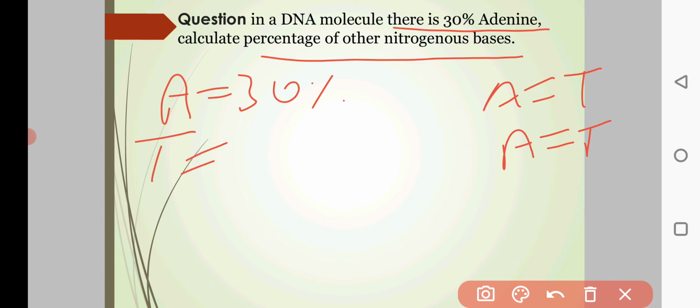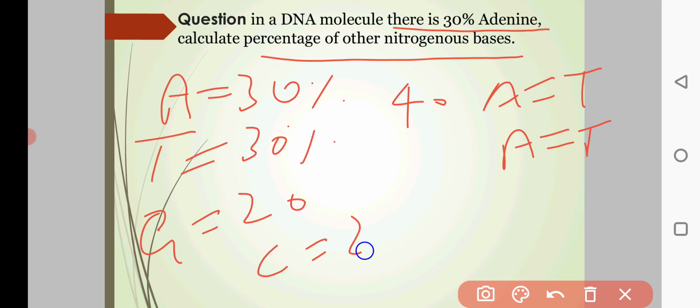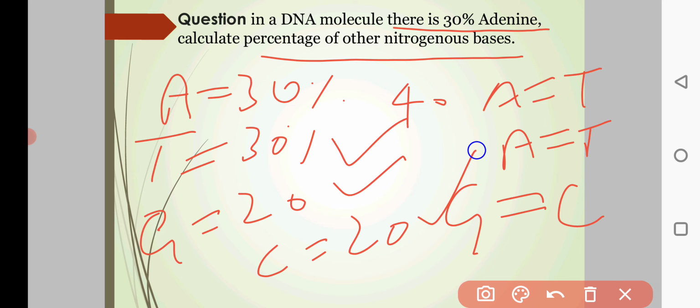So thymine will always be 30%, and the remaining 40% we can divide. Guanine will be 20% and cytosine will be 20%, because we know that guanine will always be equal to cytosine. So other nitrogenous bases are in this proportion.